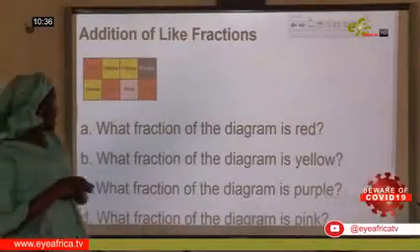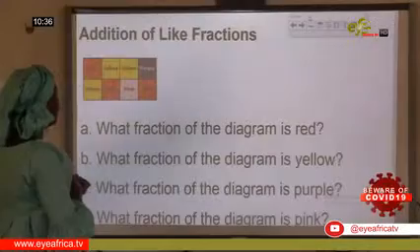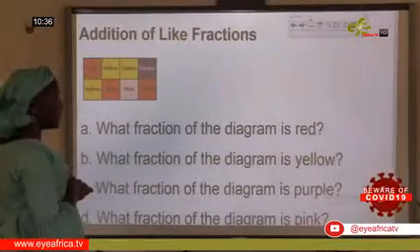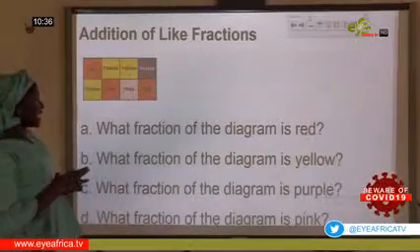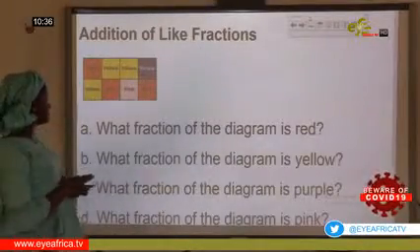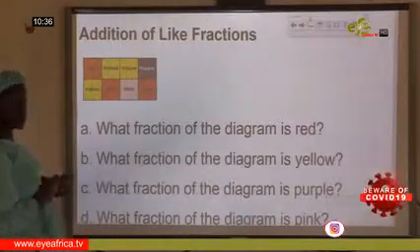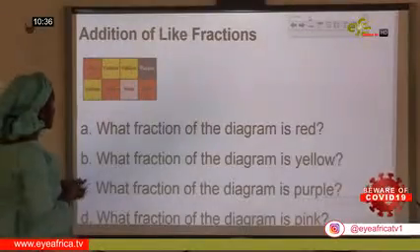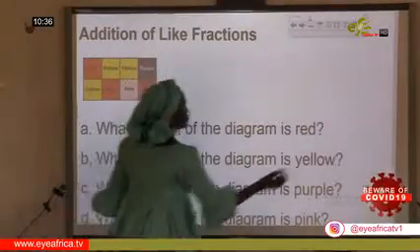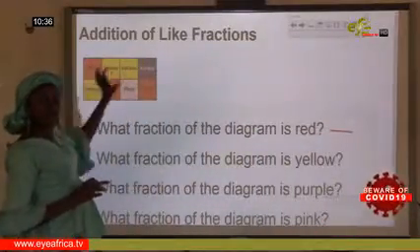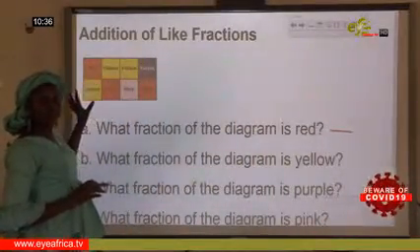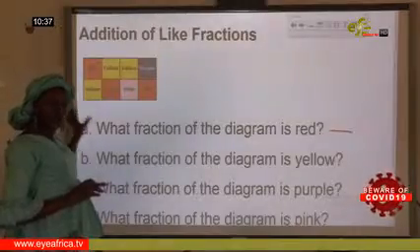Question A reads, what fraction of the diagram is red? Let's count how many reds there are. We know our denominator should be 8, because it is a whole which is divided into 8 equal parts.